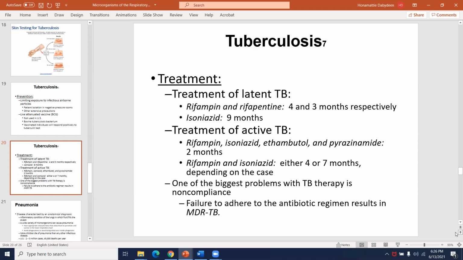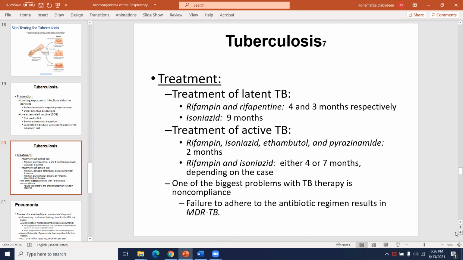And if it's a second round, probably years before you can finally say you're treating this patient. You cannot monitor these patients all the time. So one of the biggest problems is non-compliance, meaning they are not taking their medication the way they should, the times they should, the amounts they should. So non-compliance is the failure to adhere to that regimen.